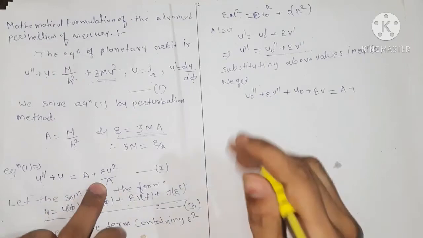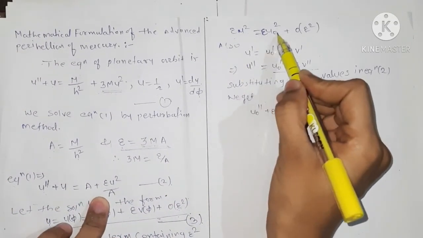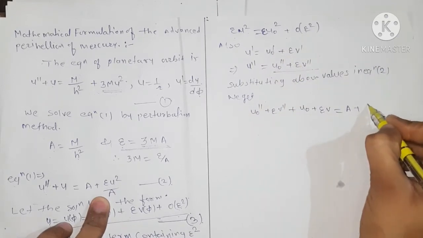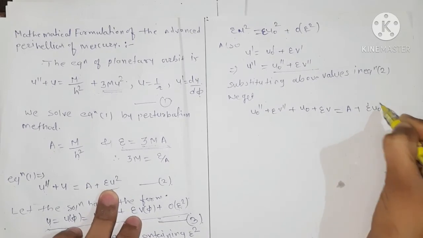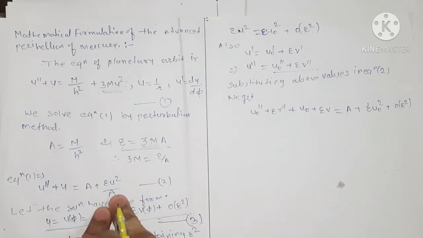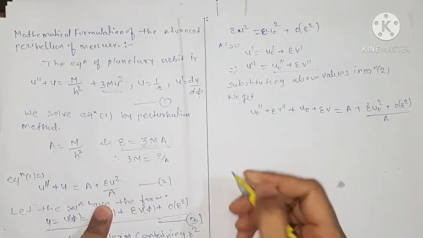Our term epsilon u square equals epsilon u0 square plus order of epsilon square, so A plus epsilon u0 square plus order of epsilon square, and in the divide we have capital A, so divided by capital A.